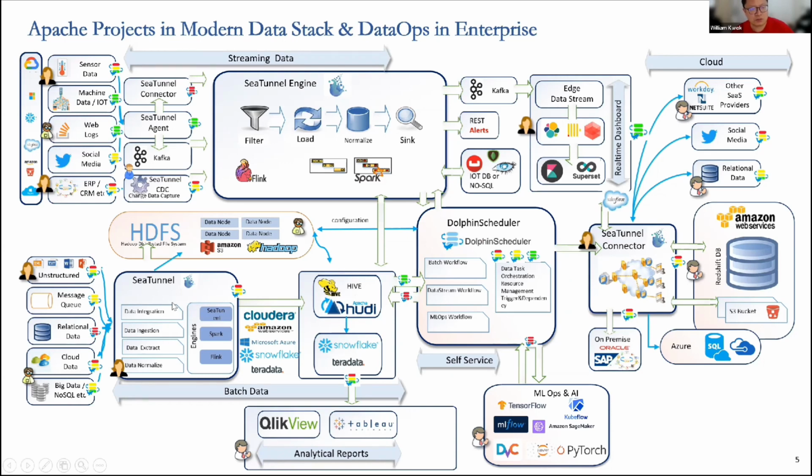Or you can just use SeaTunnel directly to load the data from the unstructured data to the data warehouse without a data lake. And you can see there are many things, like a traffic light.